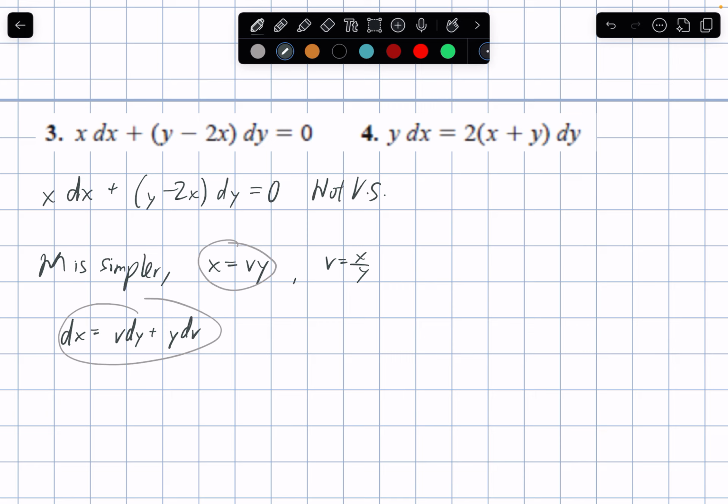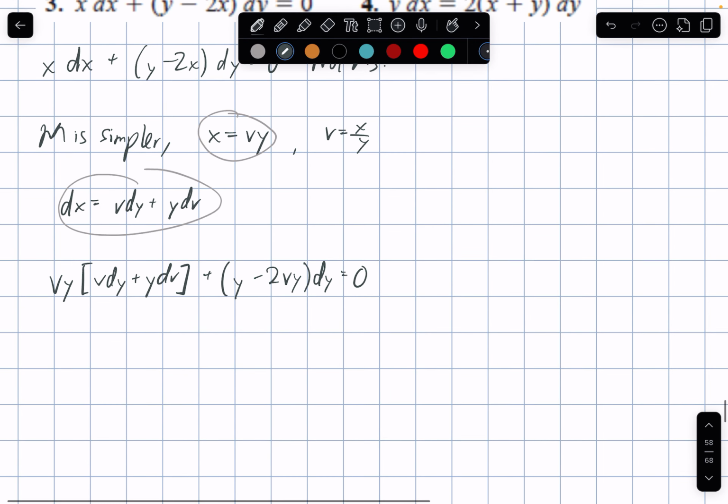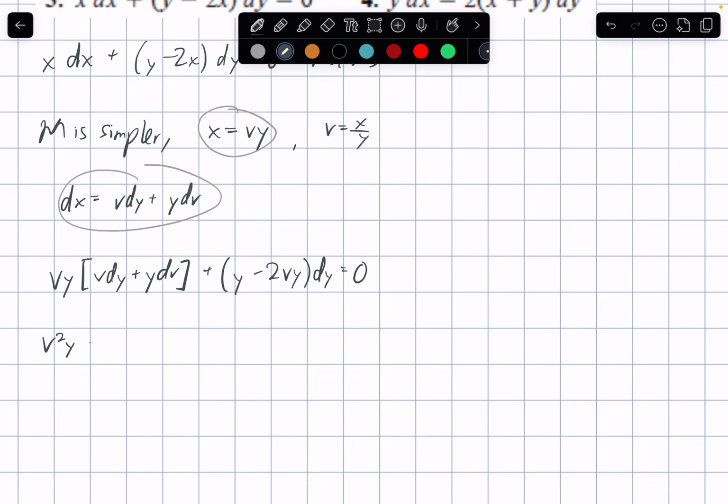So looking here, x is vy, and dx, you just substitute. And then y minus 2x, x is vy. And then dy copy only, then equal to 0. Simplify. v squared y dy plus vy squared dv plus y dy minus 2vy dy equal to 0.